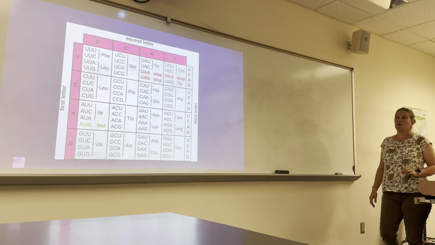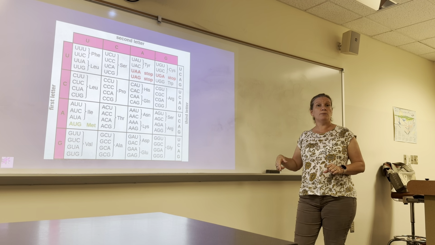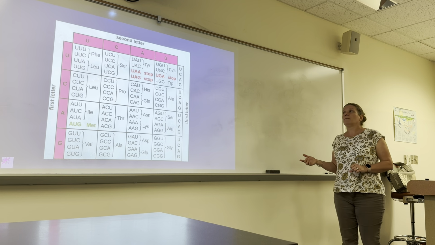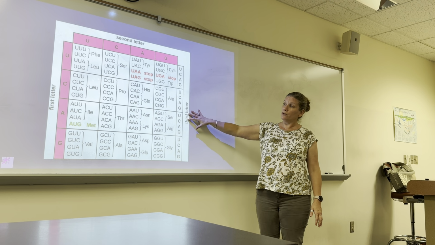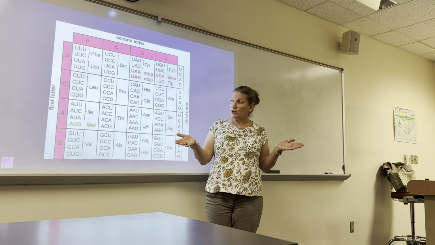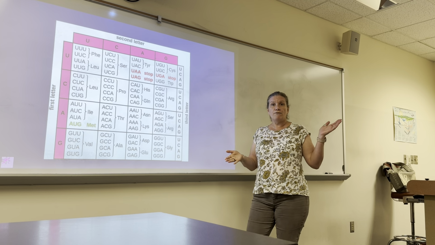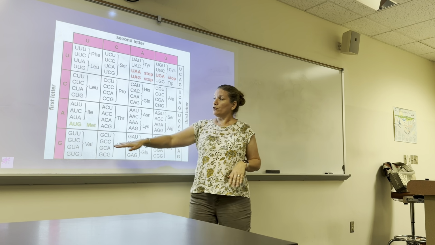The codon table is as follows. Fortunately, you do not have to memorize this. This is something that would be provided. The codon table is set up as follows. When you have a sequence, you read 5 prime to 3 prime, and the first letter of that codon is found on the left-hand side.